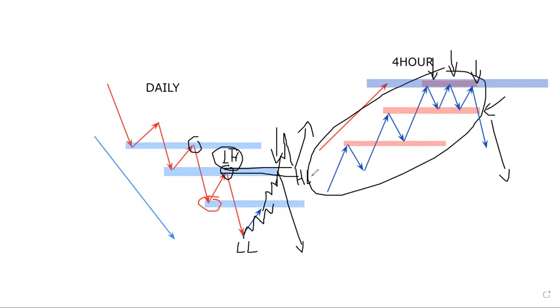Now, I will be moving to the chart, to the Forex chart, to show you guys what I'm talking about here on the chart, right? Now, let's move to the Forex chart and actually identify what we have been talking about here, right?